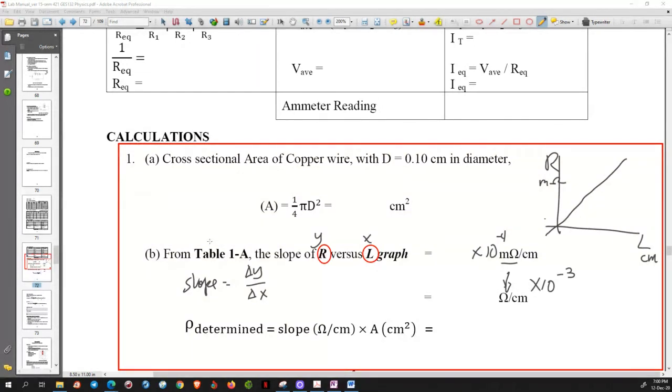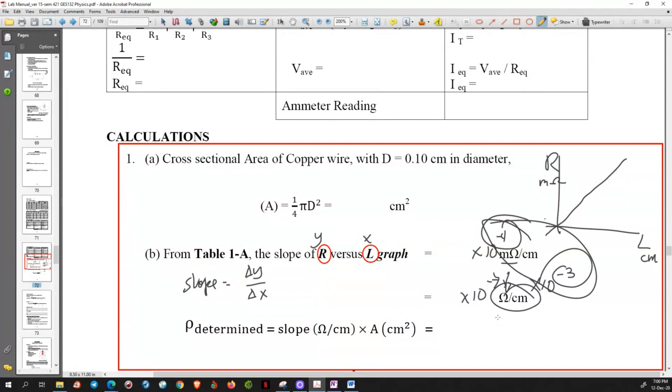Okay. The idea here is that you have to combine these two. Minus 4 and minus 3 become minus 7, right? So this becomes times 10, whatever the number is, minus 7. Do you get the idea I'm telling you here?